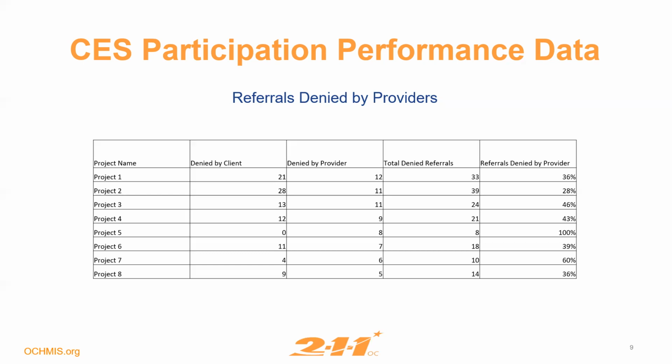And we could review it also and provide guidance on if they said the client doesn't show up for call, should that be denied by client or denied by provider, and try to standardize it. It would definitely be a work in process, but yes, I thought about that also.